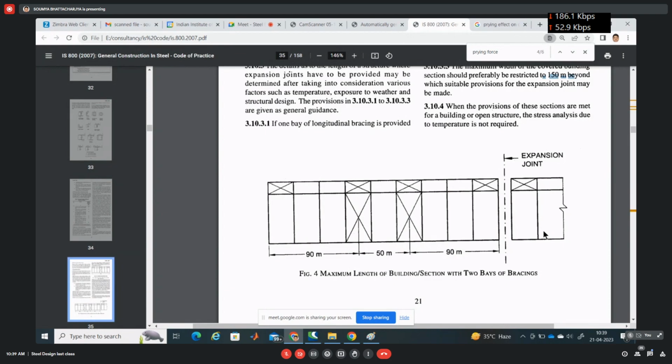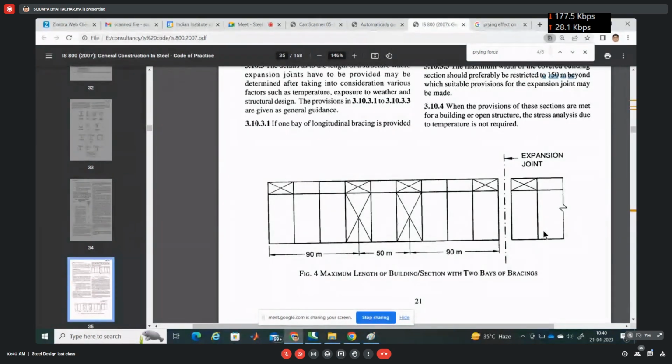You know, the thermal expansion is given by l alpha T. So that l is the length. So the increase in length because of temperature is totally dependent on its initial length.